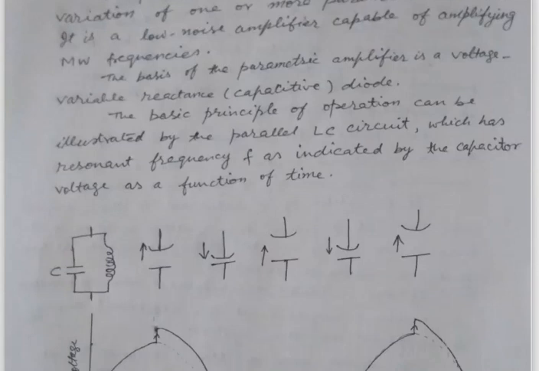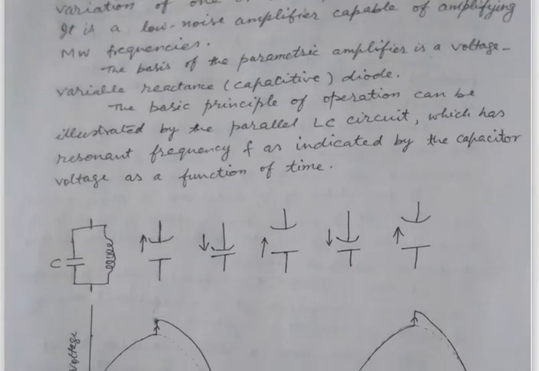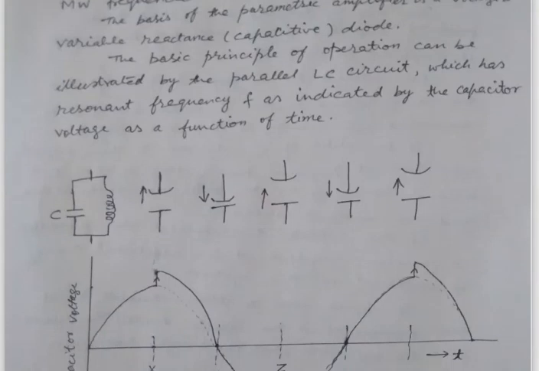The basis of the parametric amplifier is a voltage variable reactance which is of capacitive nature, and the Varactor diodes, especially the linearly graded junction diode and the abrupt junction diodes, are used for the amplification of the microwave signals.